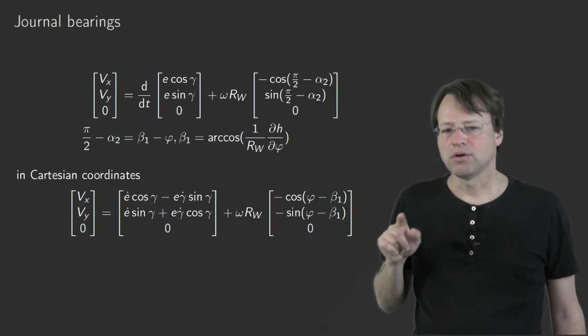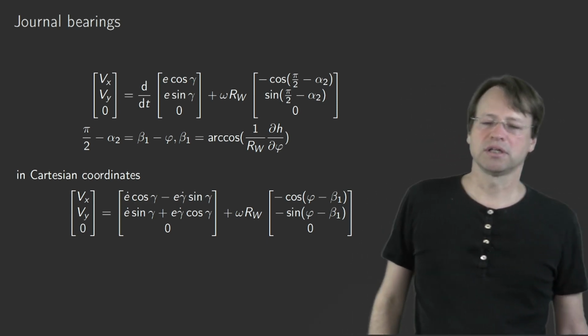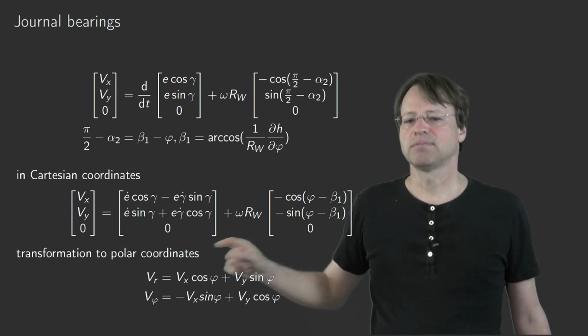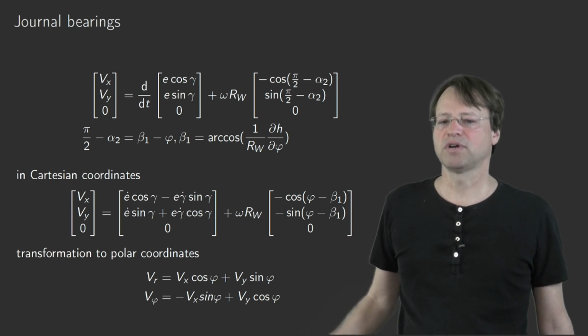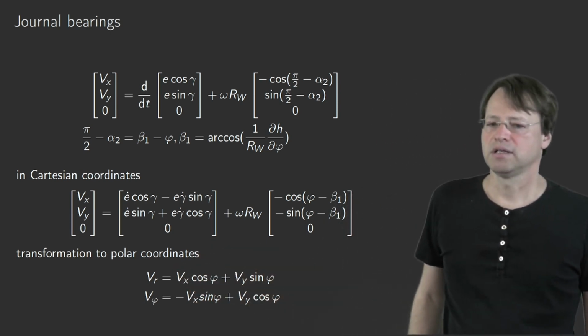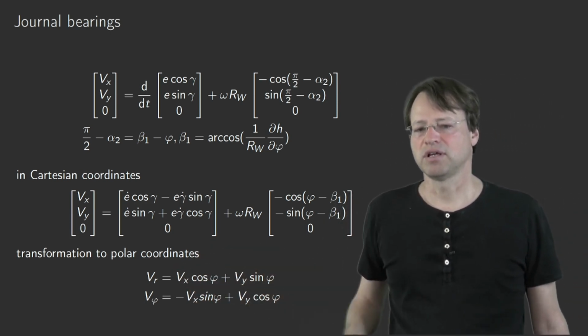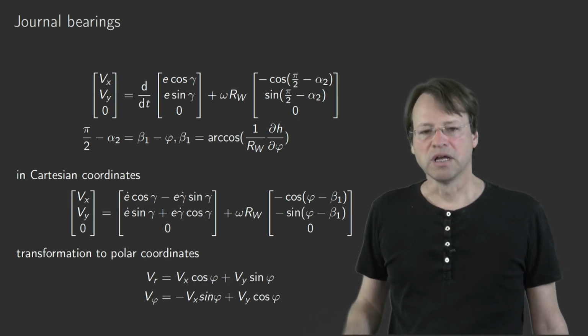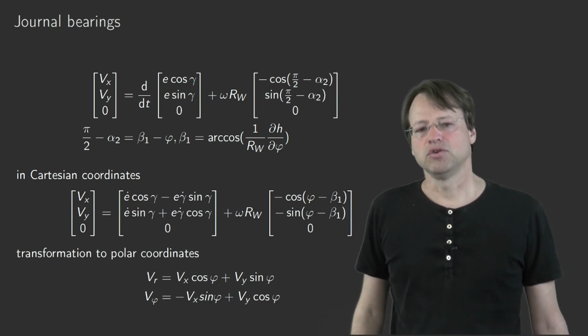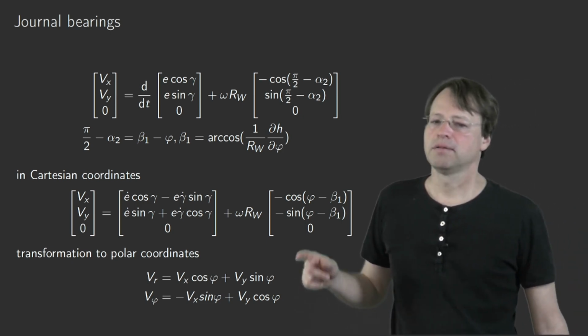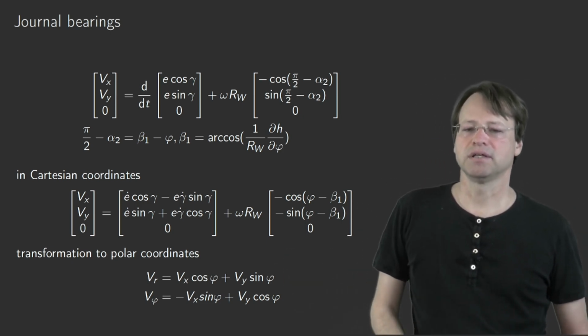And now the transformation to polar coordinates: we have v sub r is v sub x cosine phi plus v sub y sine phi. V sub phi is equal to minus v sub x sine phi plus v sub y cosine phi, with the famous equations for the unit base vectors. This result can be obtained.